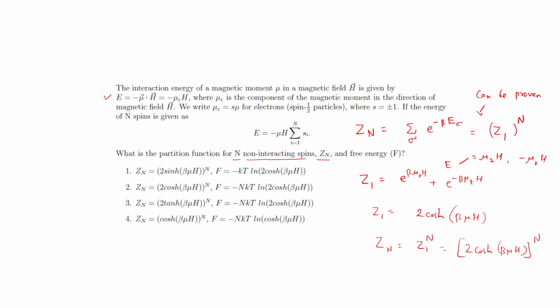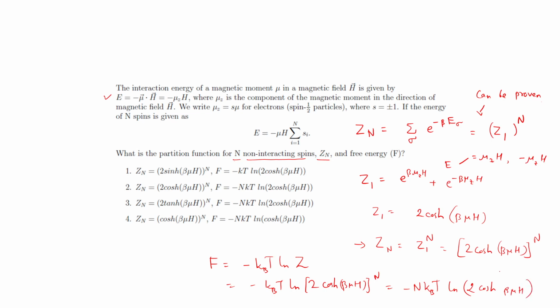Okay, and now once you have this partition function, the free energy is nothing but minus kBT ln Z. So it is minus kBT ln of (2 cosh(beta mu h)) whole to the power N. And log of something to the power N is just minus N kBT ln 2 cosh(beta mu h).